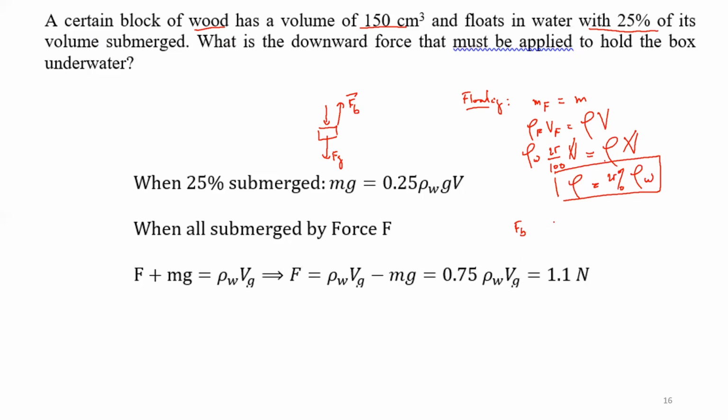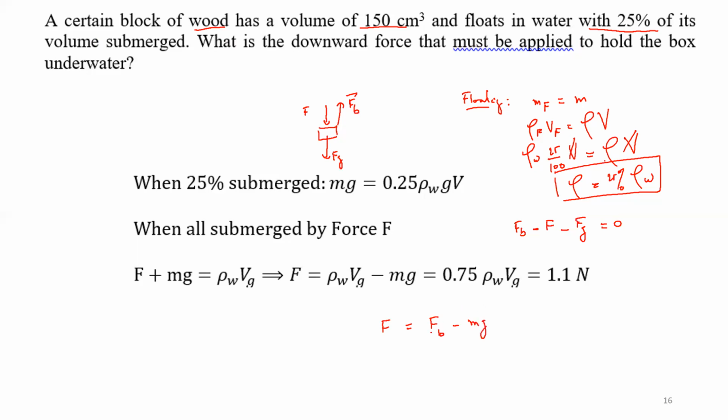Buoyant force minus the force that I apply downward here, minus gravitational force is equal to 0. So that means that the force that I apply is just equal to what? Buoyant force minus gravitational force.